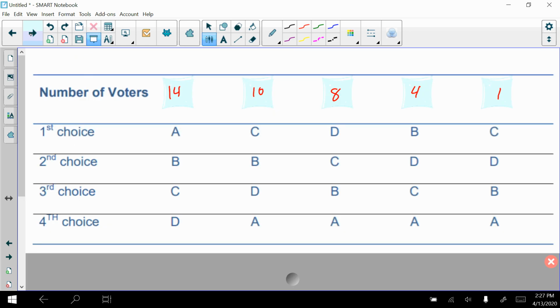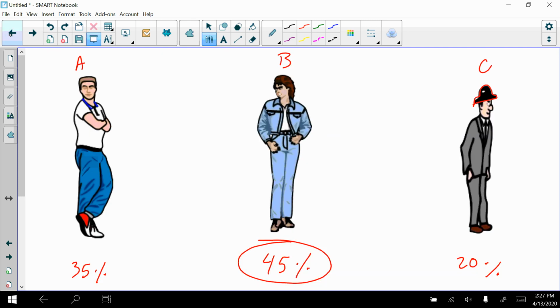This table that I'm showing you is something that we call a preference schedule. This is simply a way to visualize the results of an election. So now this is a new election. We're not talking about these 3 anymore.